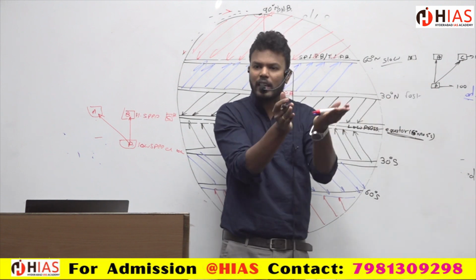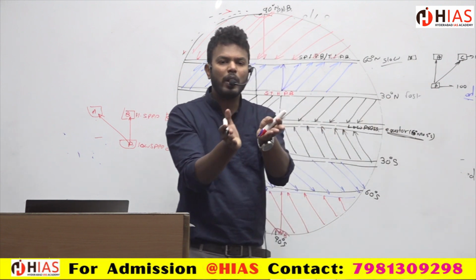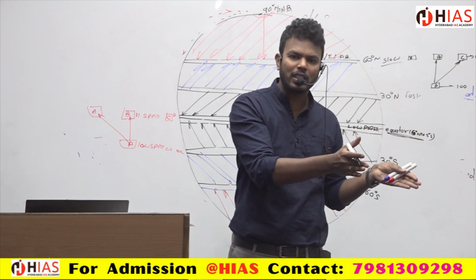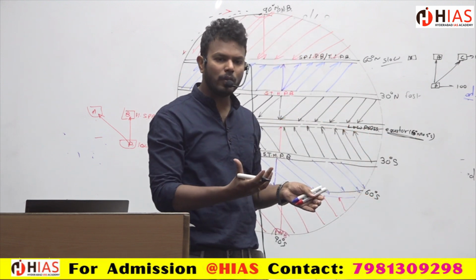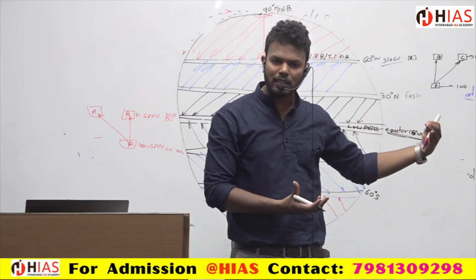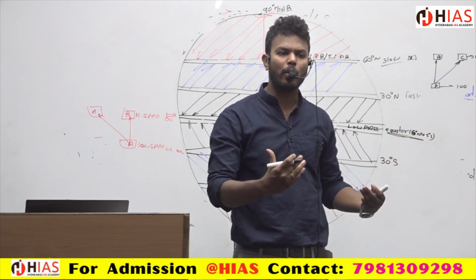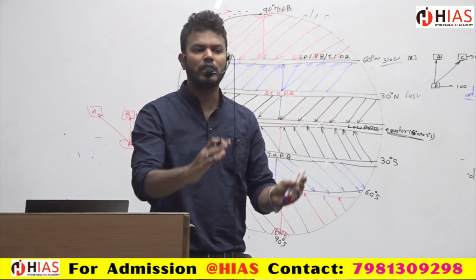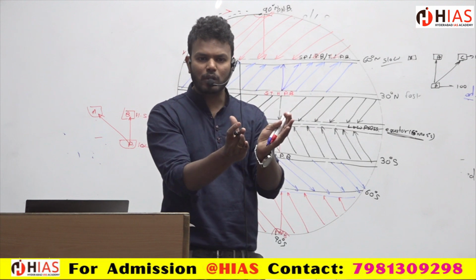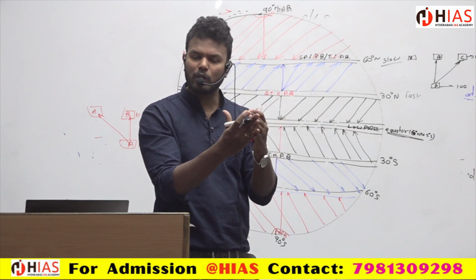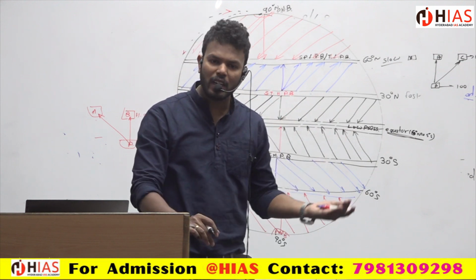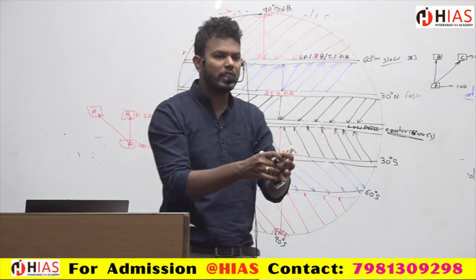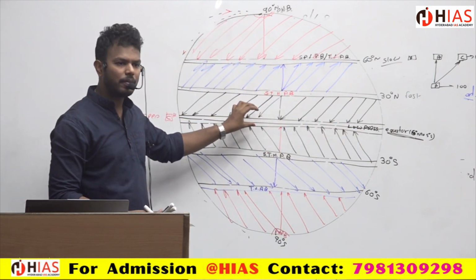So because of the spherical shape of the earth, because the speed of the earth is different at different places, at the equator the speed will be more, at the poles the speed will be less, and at the poles Coriolis force is more, at the equator Coriolis force is 0. So Coriolis force, speed of the earth, and also frictional force will be there, pressure gradient force will be there. All the combination, the winds are in this direction.